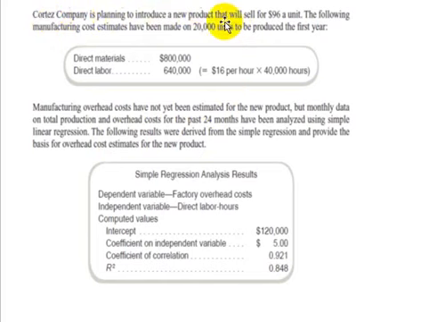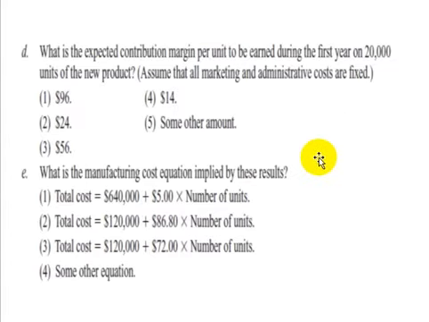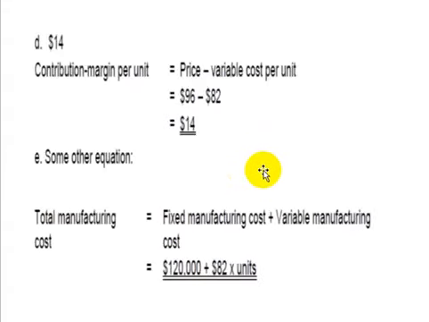From the beginning of the exercise, we have that the selling price per unit equals $96, and we just now calculate the variable cost per unit. So the contribution margin per unit equals price minus variable cost per unit.